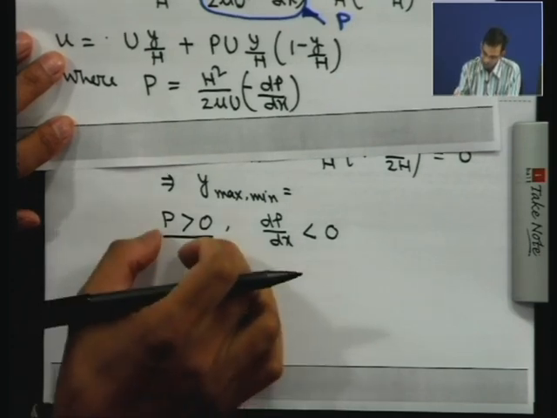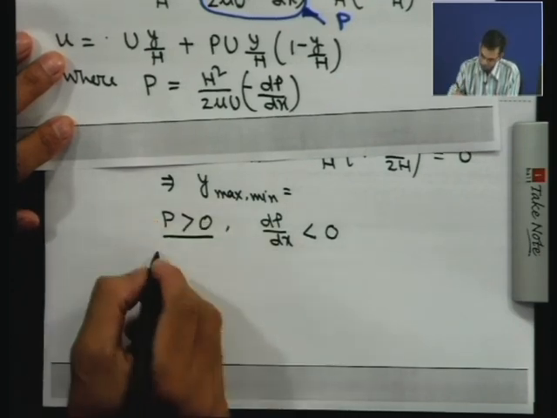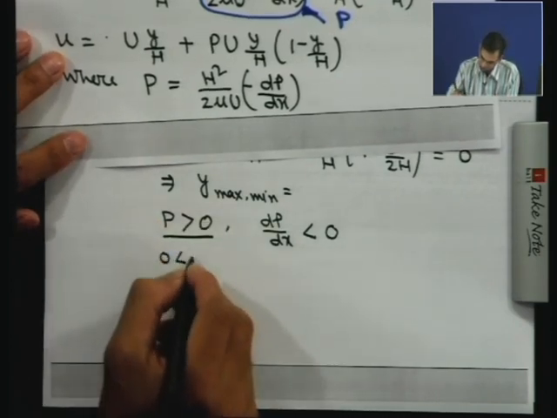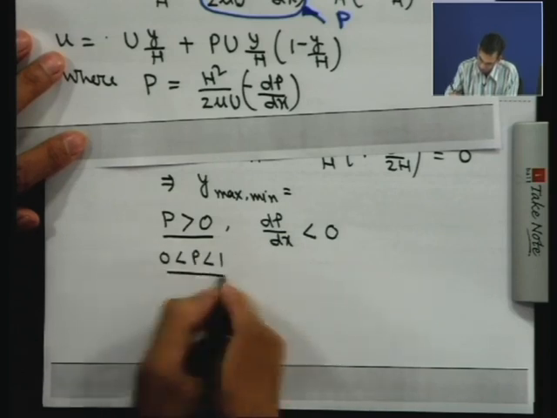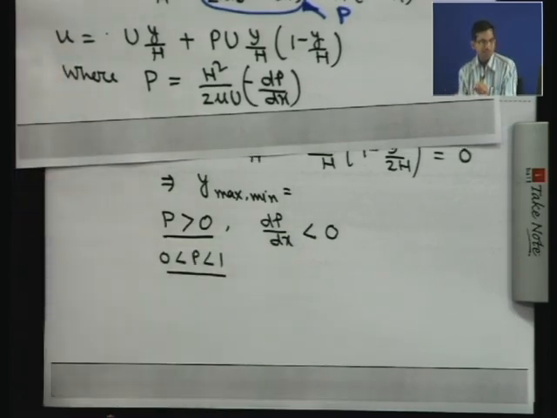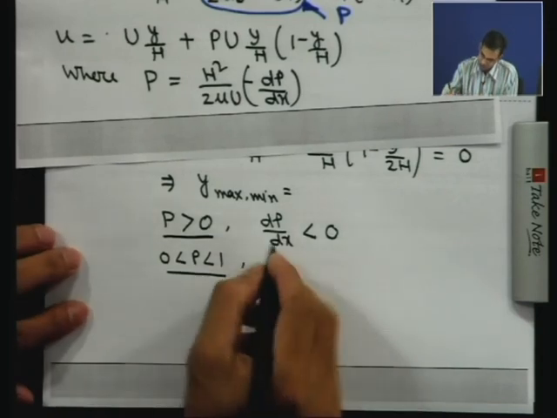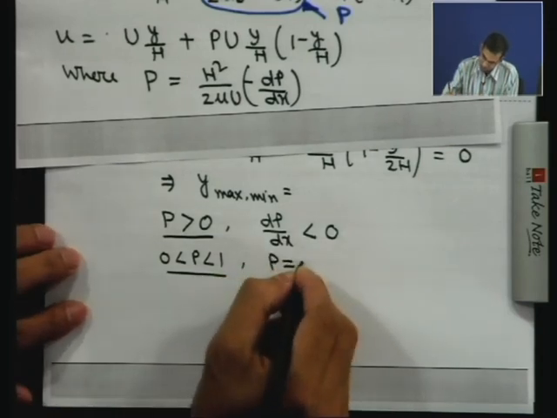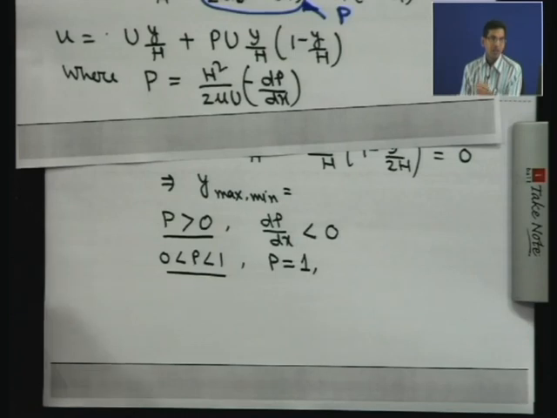And for a different range of P, for example, let us say 0 to 1, first try to assess whether a maximum velocity occurs within the flow domain or not. Then try to assess for P equals 0 whether maximum velocity occurs or not.